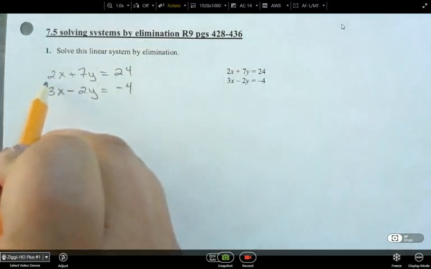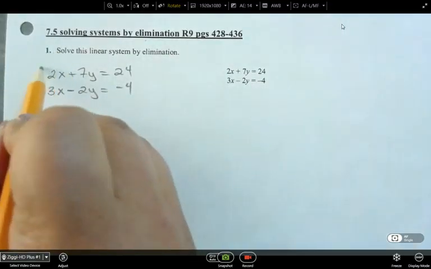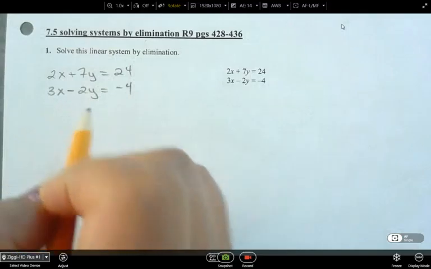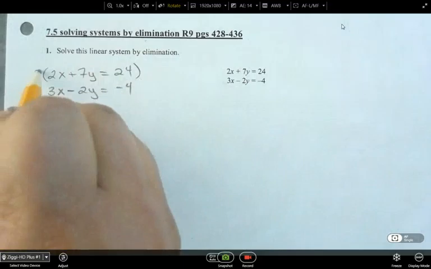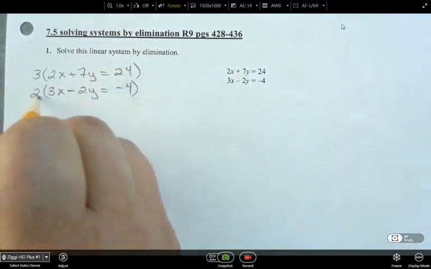Now, if I want to eliminate the x's, what number do I need to make both of these coefficients? I need the same number, whatever it is, right? So the easiest route would be to multiply the top one by 3 and multiply the bottom one by 2.